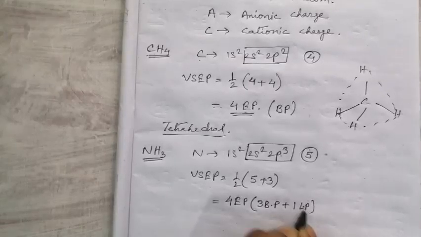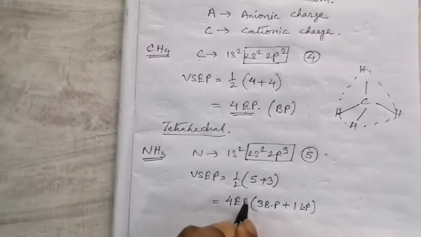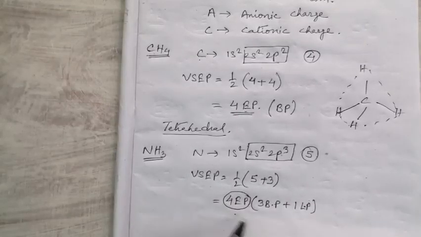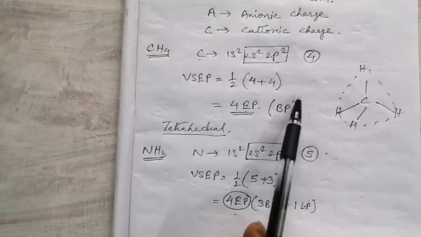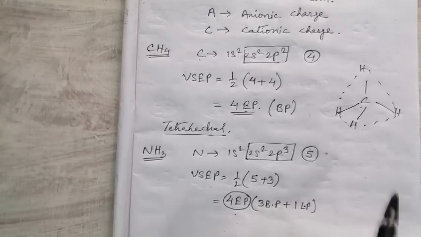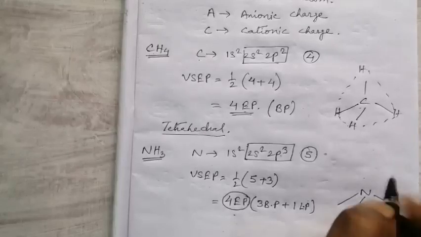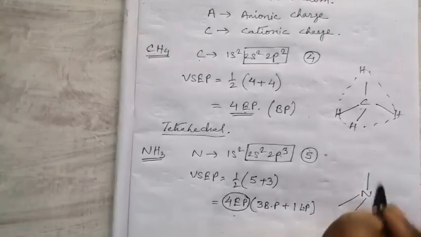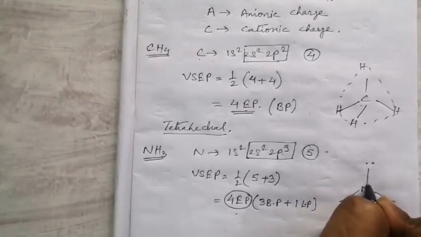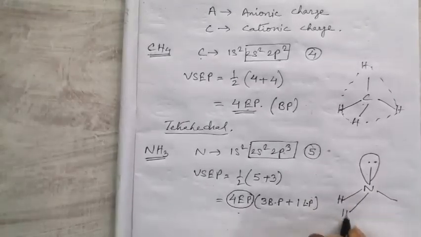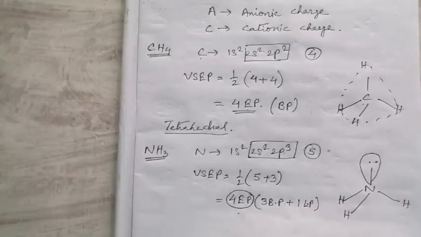So we have to give the position of the lone pair. Since the number of electron pair is 4, the shape should be tetrahedral. So we'll draw a structure like this. First we will put the lone pair here. Then we will put the hydrogen, hydrogen, hydrogen.